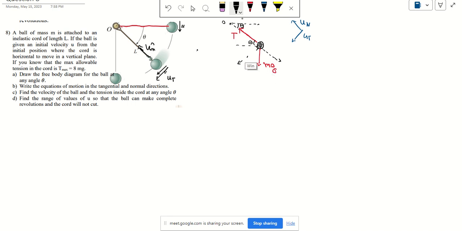So this theta, this not theta, this theta. You'll find yourself have two forces. This is mg cosine theta, and this is mg sine theta.